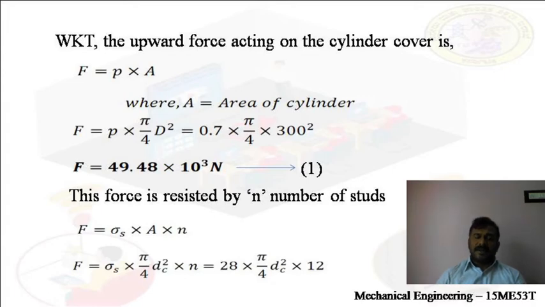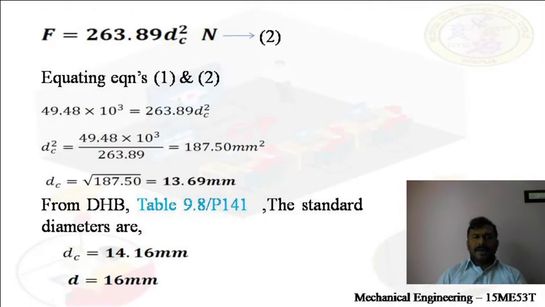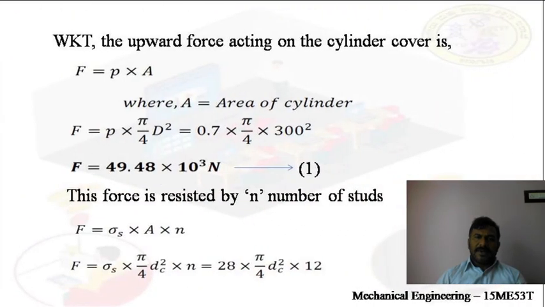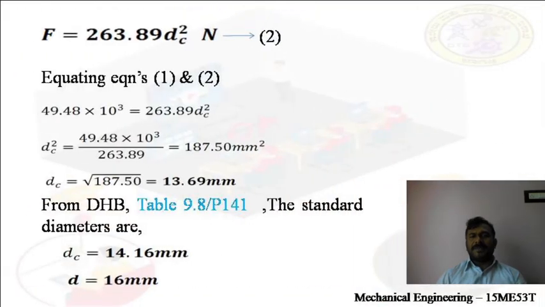Stress is sigma S, corresponding to the stress in the studs, into pi by 4 dc square into N. Substitute the known values: stress is 28 MPa, pi by 4 dc square into 12. We don't know the value of dc, which we have to find at a later stage. On calculating this, you will get F is equal to 263.89 dc square Newton, and consider this as equation number 2.